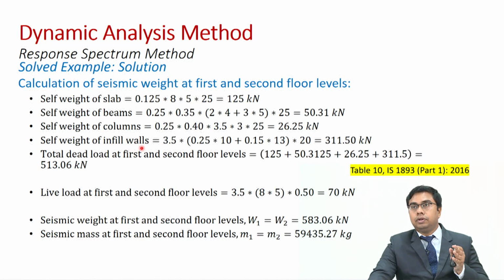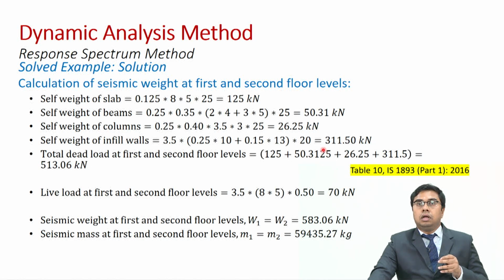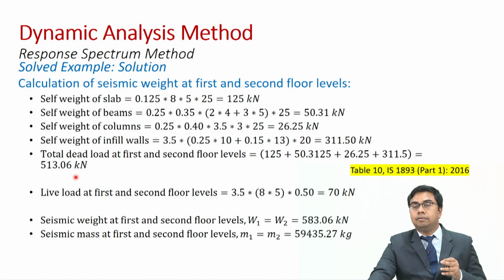Then the self weight of infill wall is also calculated as 311.5 kilonewton. Now, the total dead load at the first floor level or the second floor level is calculated as the sum of all these, which comes to be 513.06 kilonewton.